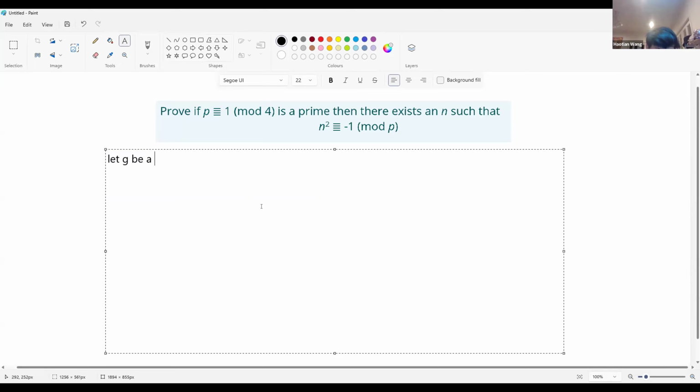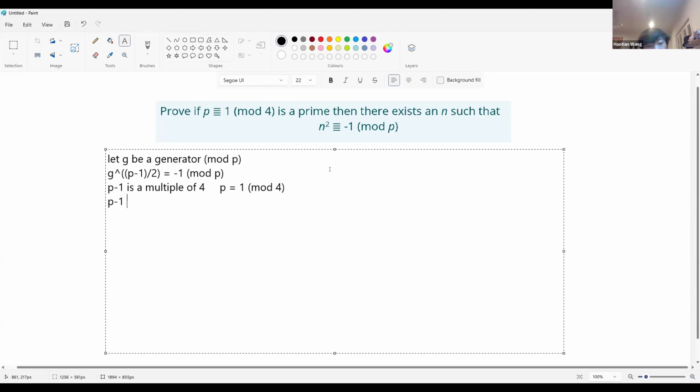So let g be a generator mod p. Then by the last problem, we know g to the p minus 1 over 2 is congruent to negative 1 mod p. But then we also know p minus 1 is a multiple of 4 by the condition p is congruent to 1 mod 4.